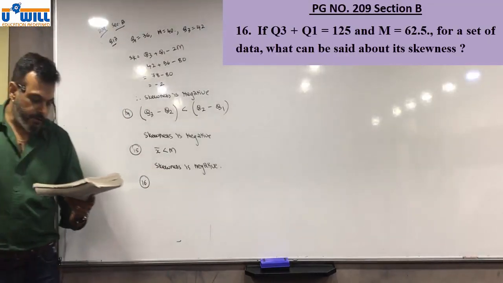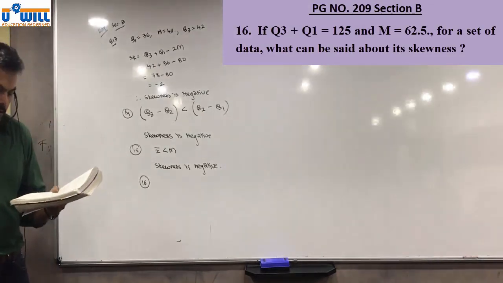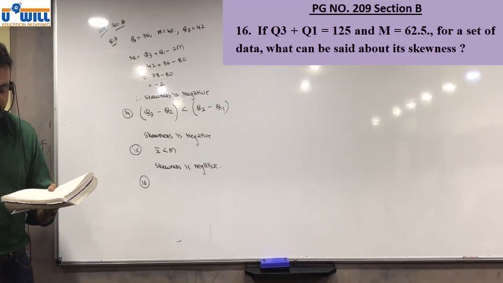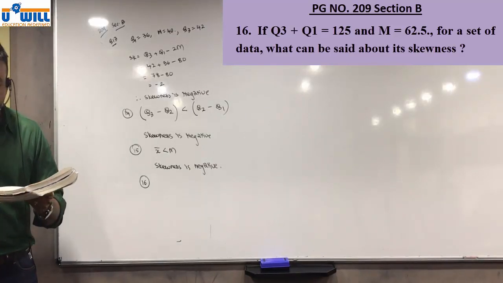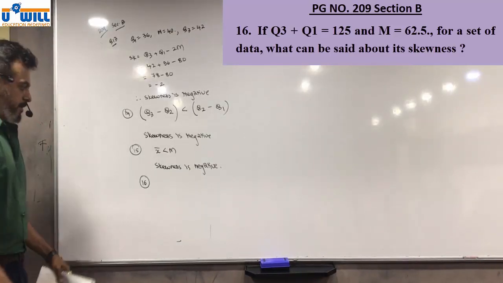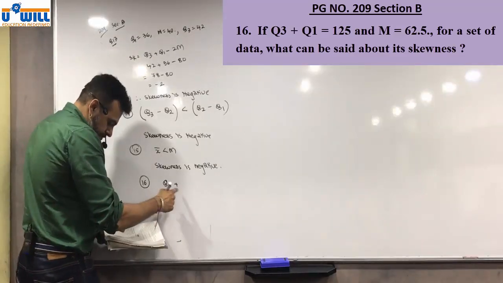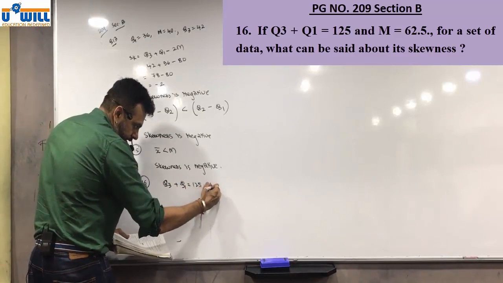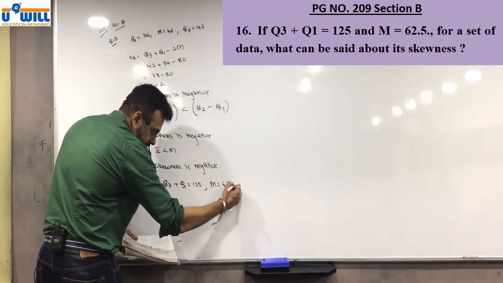16. Q3 plus Q1 is equal to 125 and m is equal to 62.5. What can be said about its skewness? Write the question. Q3 plus Q1 is equal to 125. M is equal to 62.5.